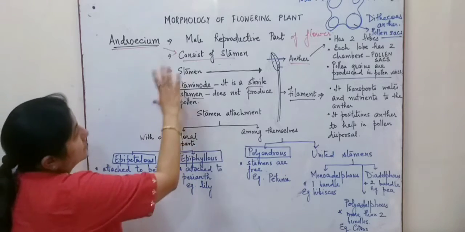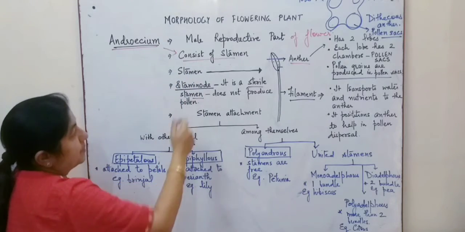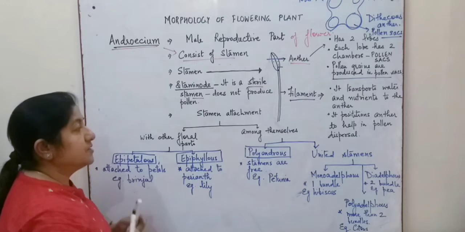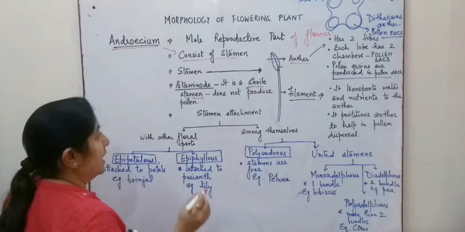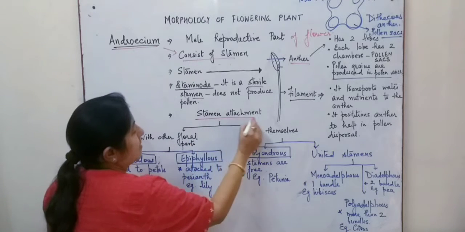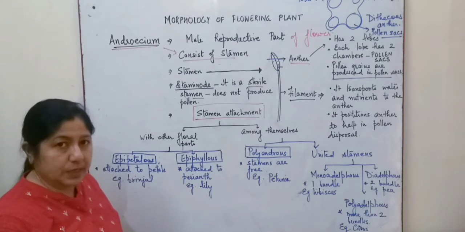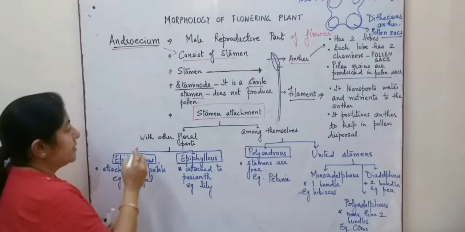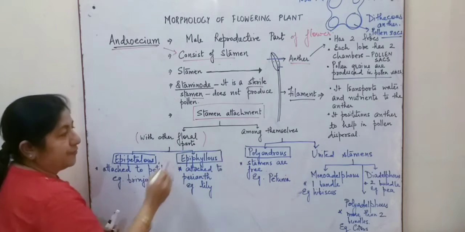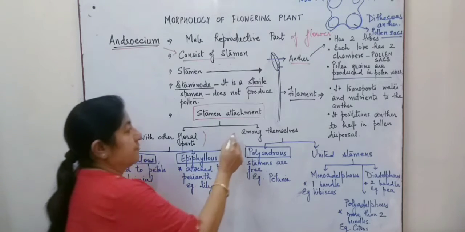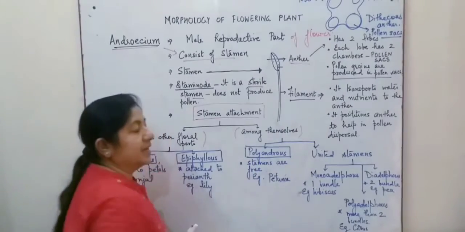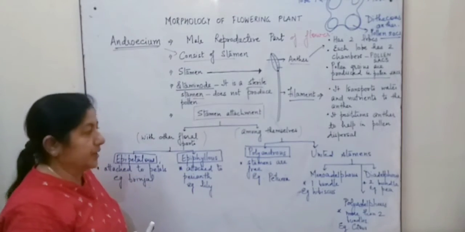So far we have studied about the structure of the stamen and the staminode. There are certain other terms. Now, as I told, the stamen may remain attached to the flower in various ways. It may be attached to other floral parts, or it may be attached among themselves only.